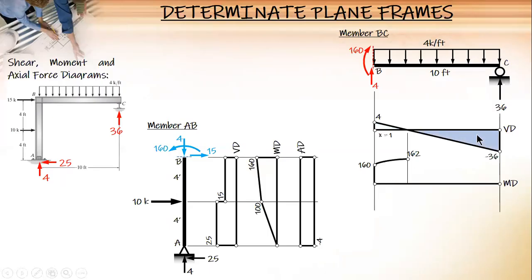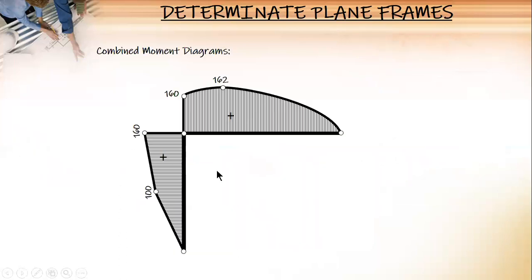And then the area of this, one half of 9 times 36 is 162. It's negative, so it becomes zero also. Its curvature is concave downward, going down. So, as is. And then, you don't have axial forces, so it is just zero. And then finally, the combined moment diagram. This one, and then this one. That is the combined moment diagram.